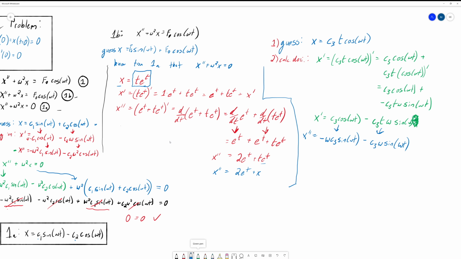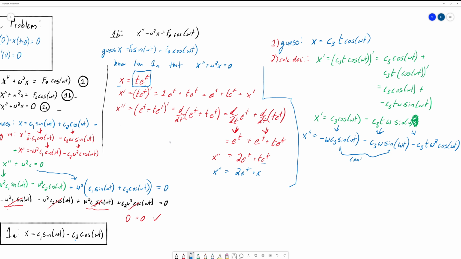And then back here, now we have to take the derivative of this second term again, but now with respect to sine, and the derivative of sine is just cosine, so we have minus c3t, another factor of omega, so it's omega squared, cosine of omega t. Okay, and we can see that we can combine these two.